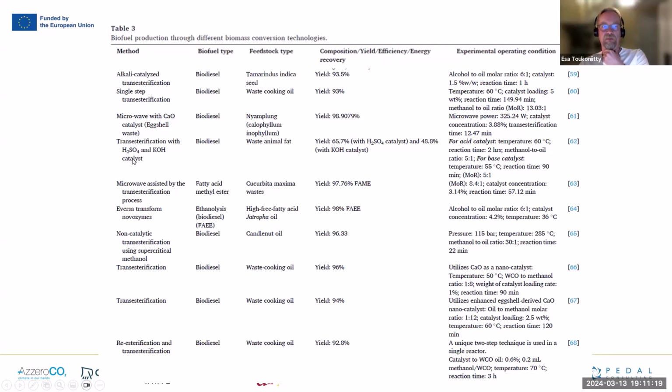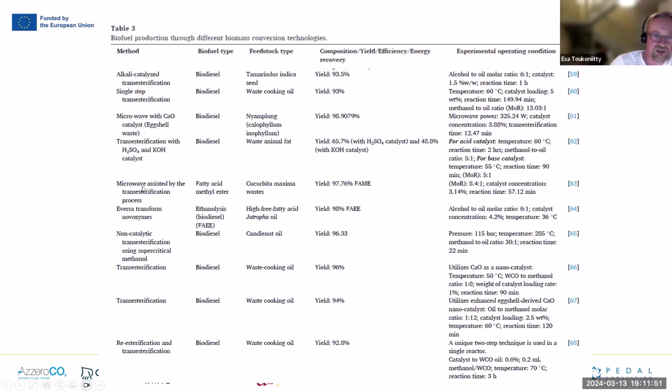And this is acid catalyzed transesterification. So there is acid and base. Maybe it's done in 2 stages, first acid catalyzed and then base catalyzed, but they cannot work at the same time because they would neutralize each other.